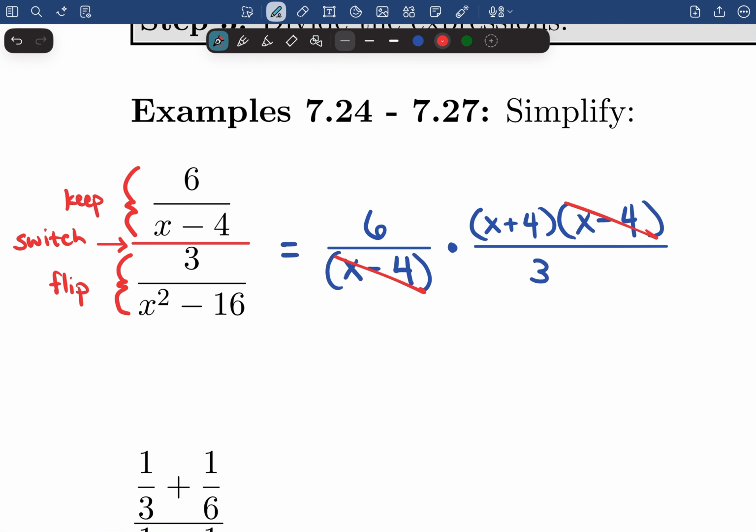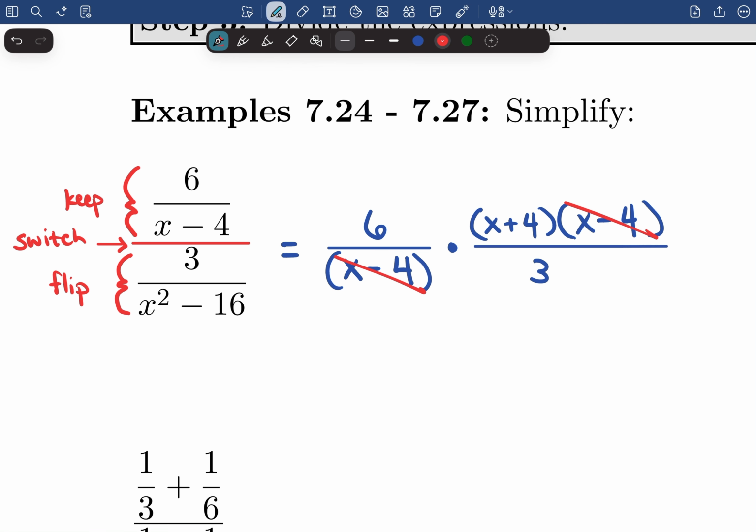And so you would say, well, can we keep, switch, flip? And the answer is not yet. First, we have to combine fractions together. So first we have to simplify this into one fraction, and then simplify this into one fraction. And once we have a single fraction divided by a single fraction, we can then keep, switch, flip, and proceed.